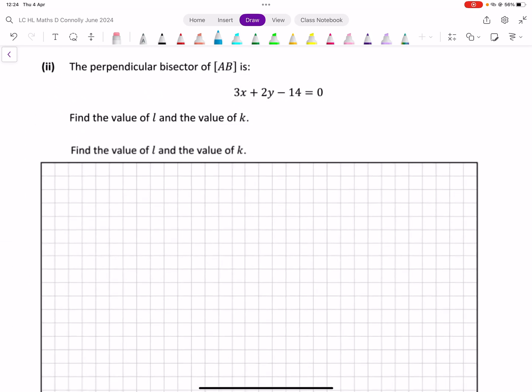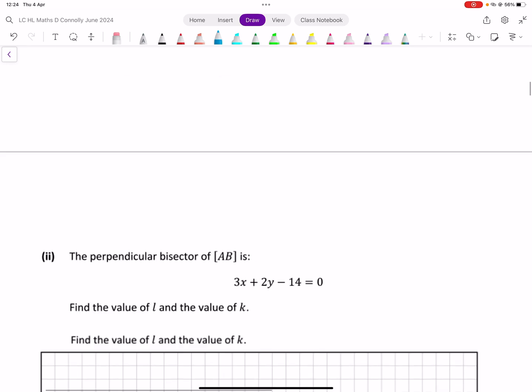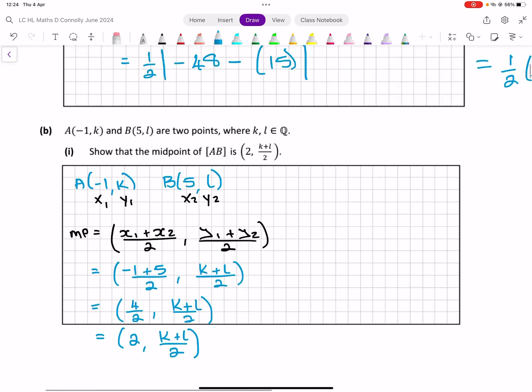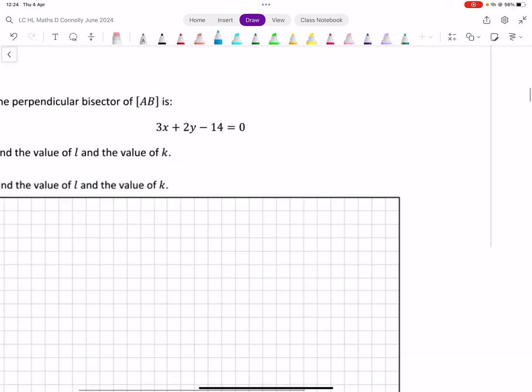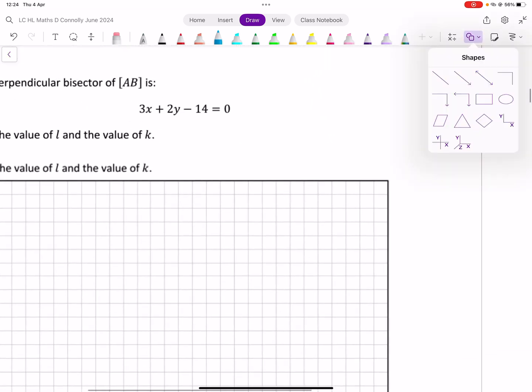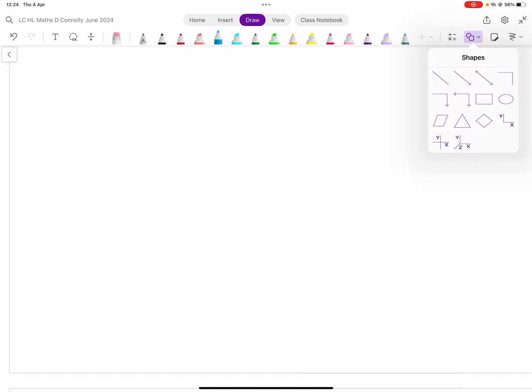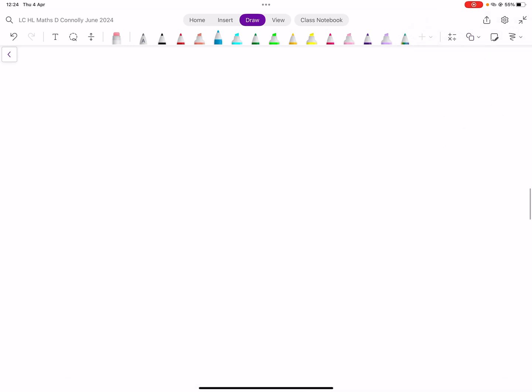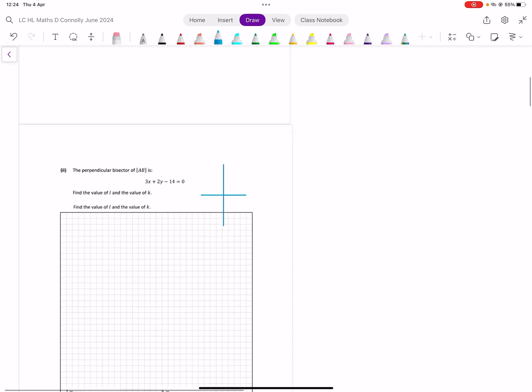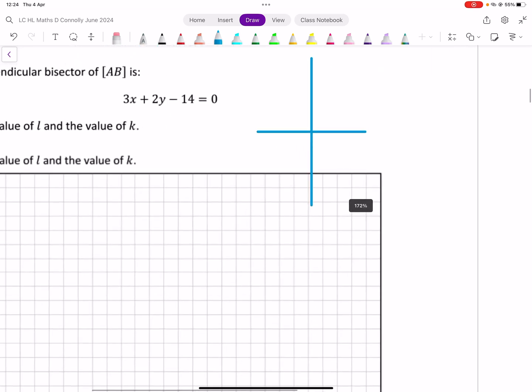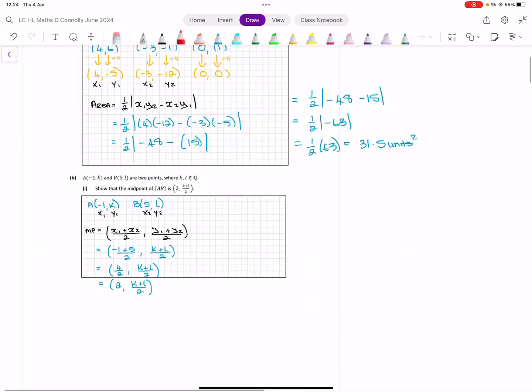The perpendicular bisector, now hang on. So this is A and B. Okay, I can't really do a proper diagram, but I'll just do something to kind of wrap my head around this. Okay, so A, what was A?